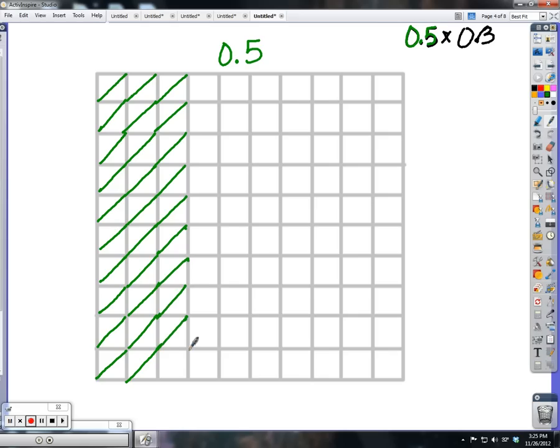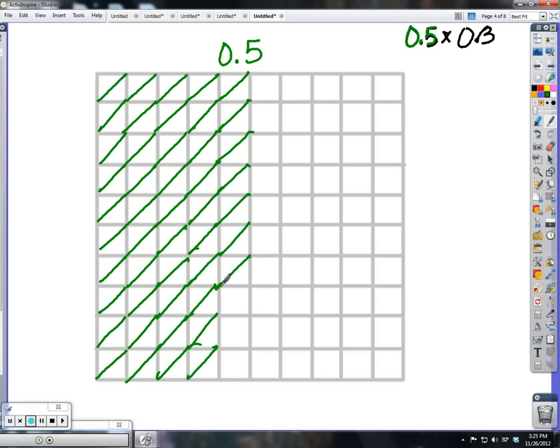This is now 3/10 marked off. 4/10 marked off. And finally, 5/10 marked off. So once again, just to be clear, one entire column makes 1/10 of the whole entire grid.